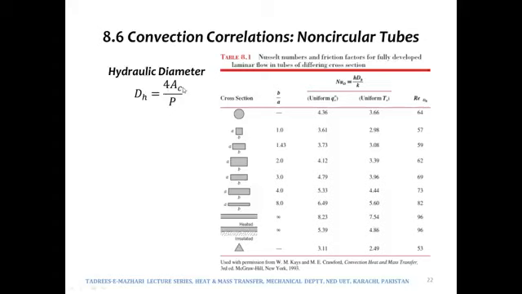Cross sectional area would be pi by 4 D square. So 4 will get cancelled out, and we would be having pi D square, and the perimeter of a circular pipe is pi D. So pi D square upon pi D would be D.